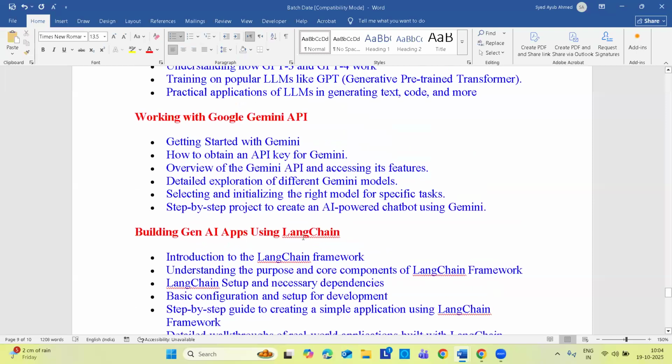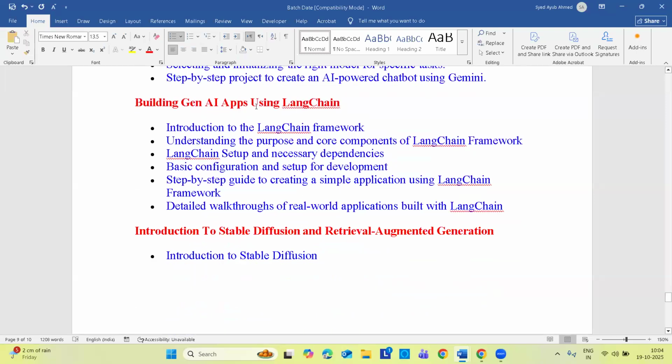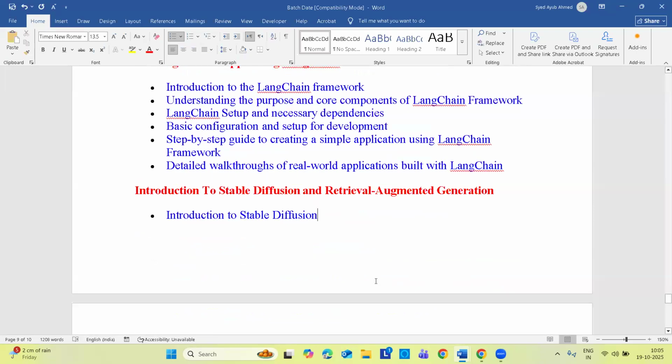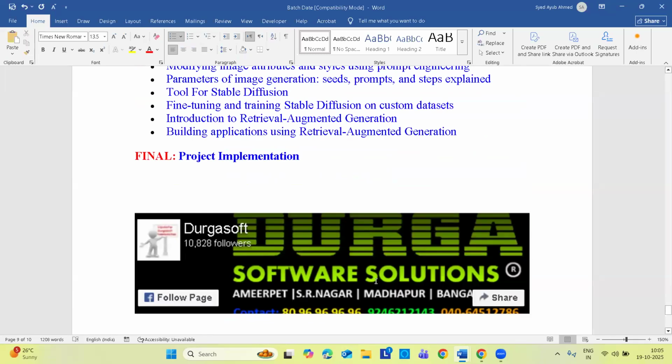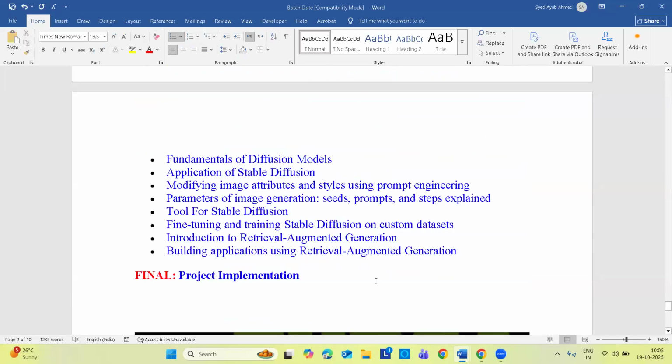Working with Google Gemini. Working with Gen AI apps using LangChain, and then introduction to retrieval augmented generation and diffusion. These things we'll try to cover.